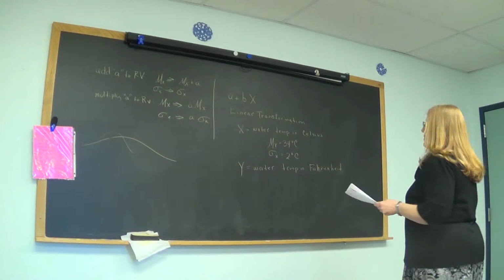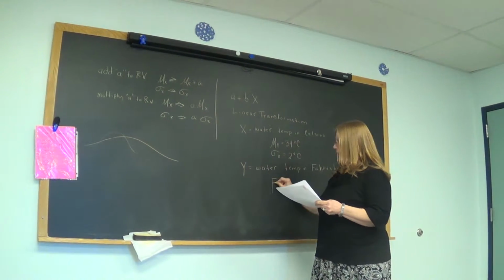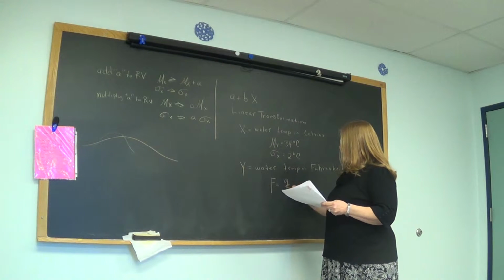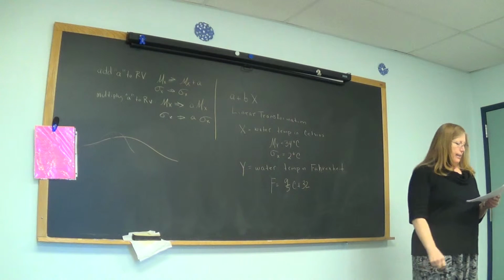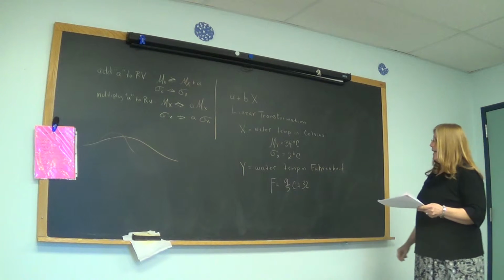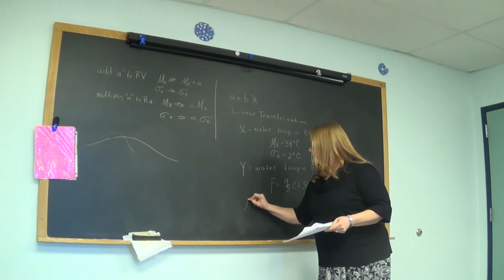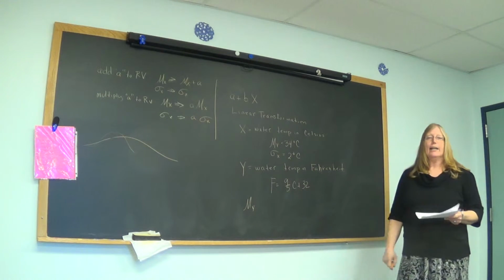So, water temperature in Fahrenheit can be transformed because we know Fahrenheit takes 9/5 times Celsius and adds 32. You have to get that from the scientist or the mathematician. And knowing that, we can do this problem. The question is, find the mean value of the new random variable y.